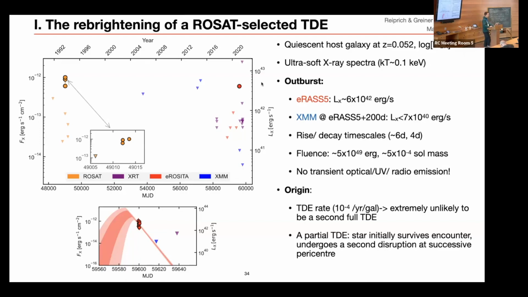I think maybe you're talking about this in the next slide, but if it was a repeating TDE, you could put rough estimates on the repeating time scale, because the things that will determine how short it possibly could be are the fallback time scale, which is then affected by the eccentricity as well in a case where you have a partial disruption.